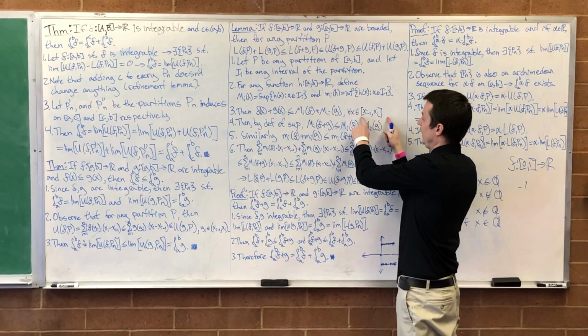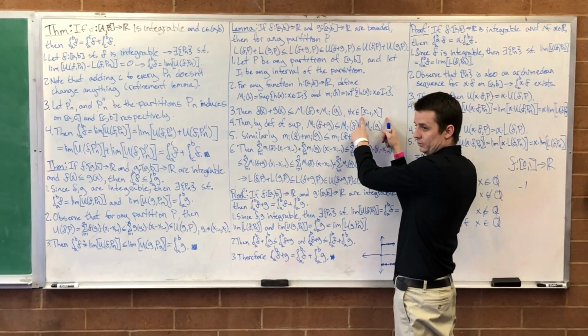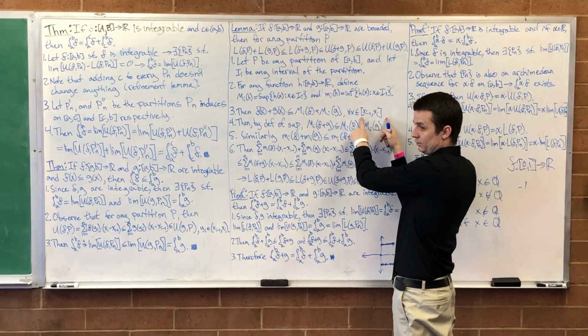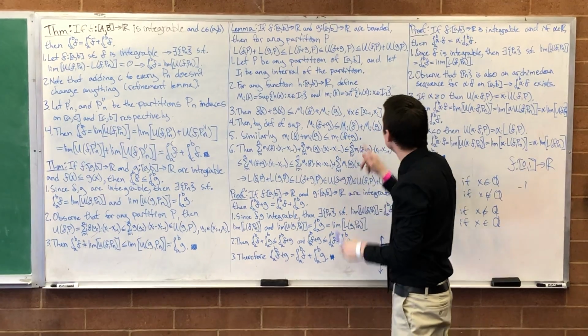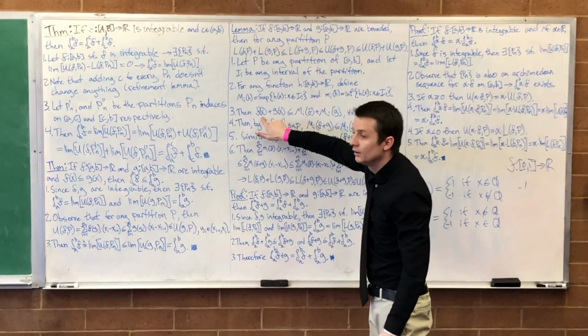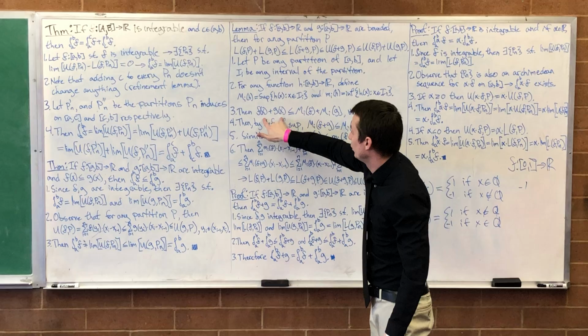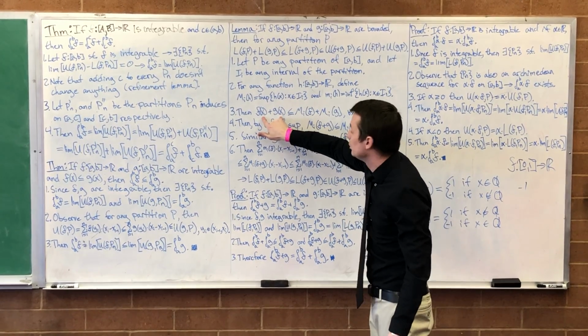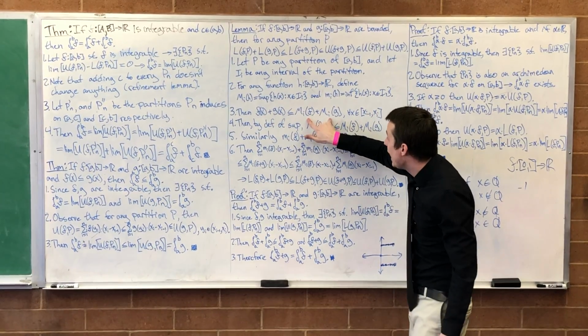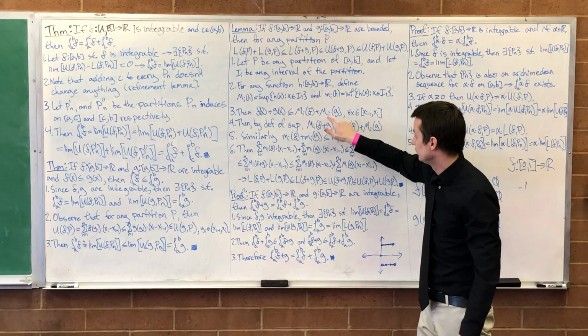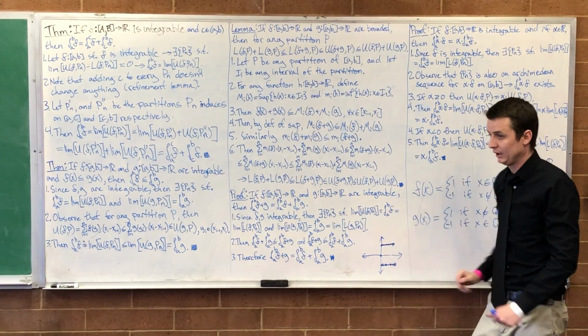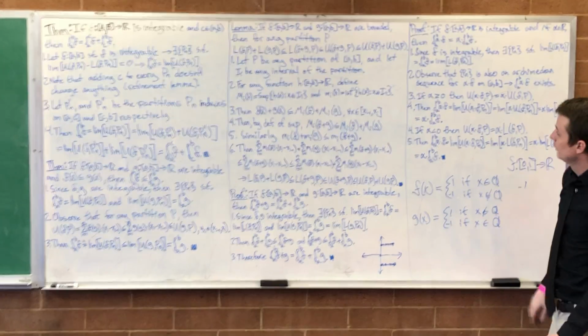Pick an interval, x sub i minus 1 to x sub i. Then for any point in there you pick, plug that point into f, plug that point into g, their sum is always going to be less than or equal to the max value that f achieves on that interval and that g achieves on that interval summed together. Does that make more sense? Okay.